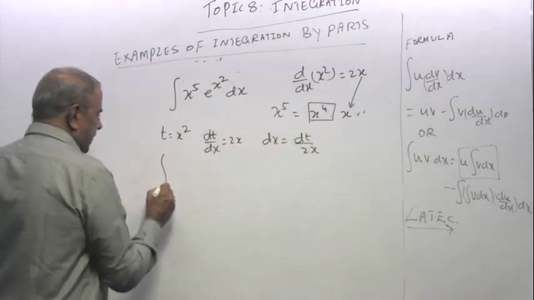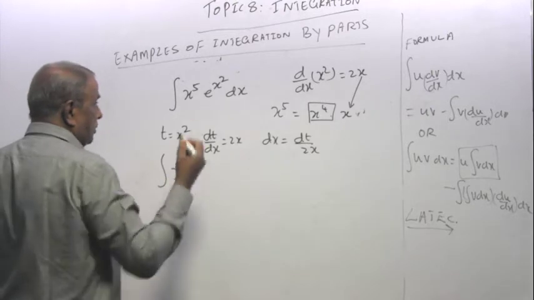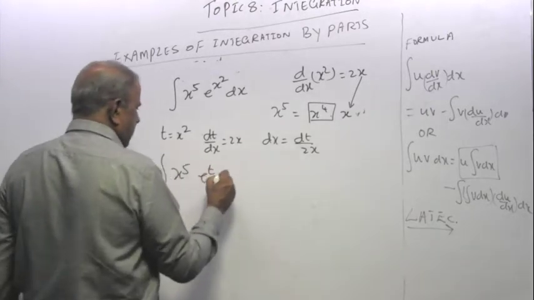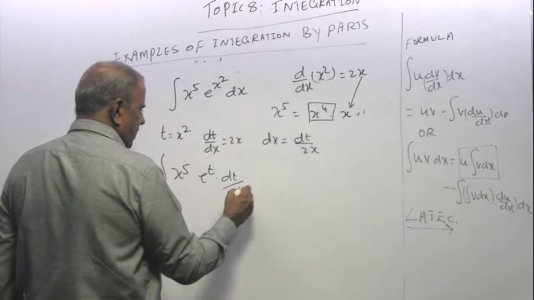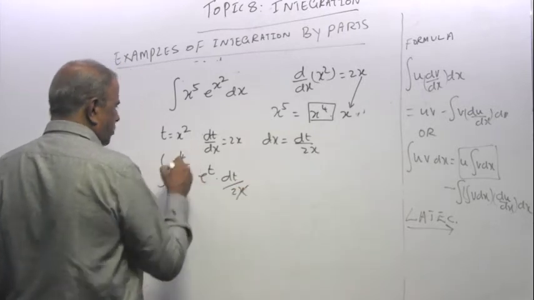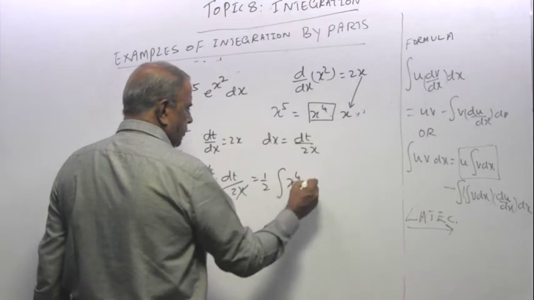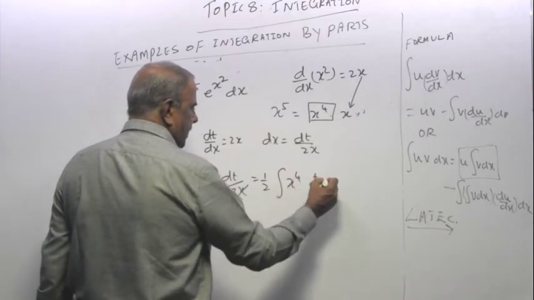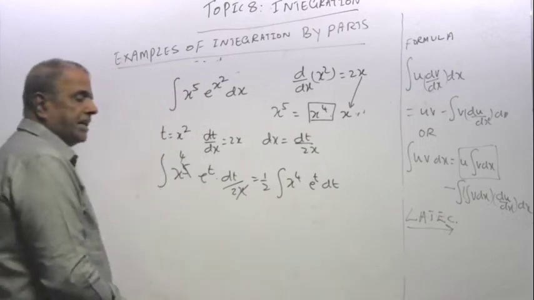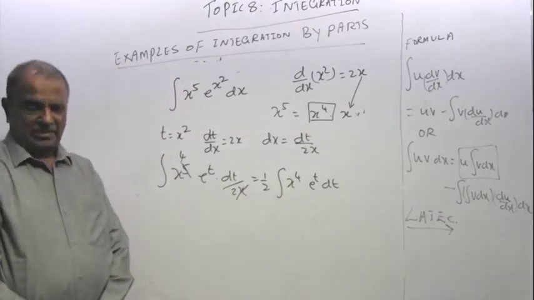So it becomes integral x power 5 e power t dt over 2x. X and power 5 gives you power 4. So half integral x power 4 e power t dt. I cannot integrate because I have an x.